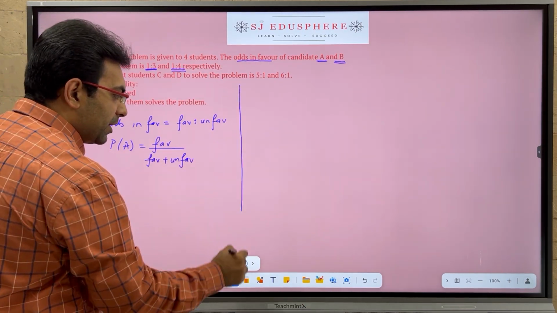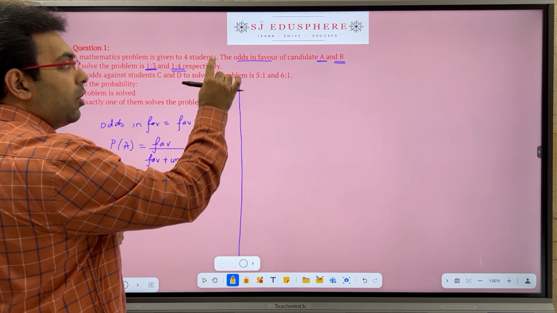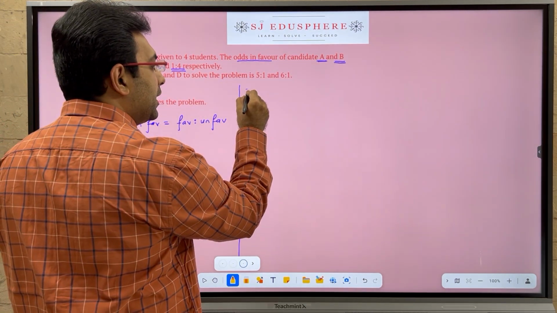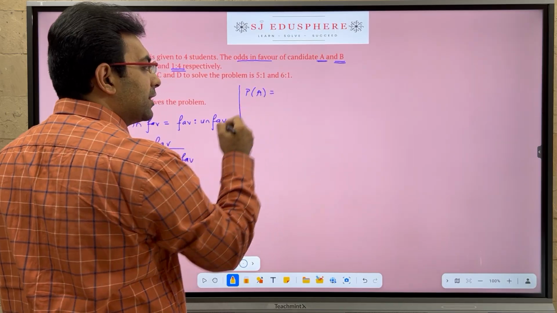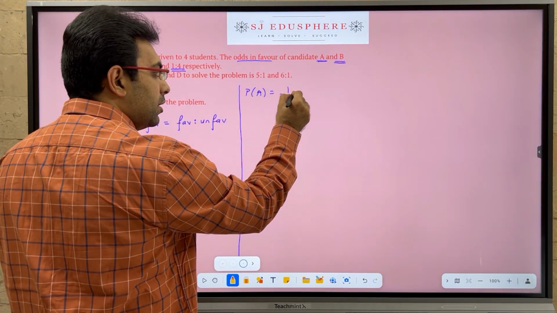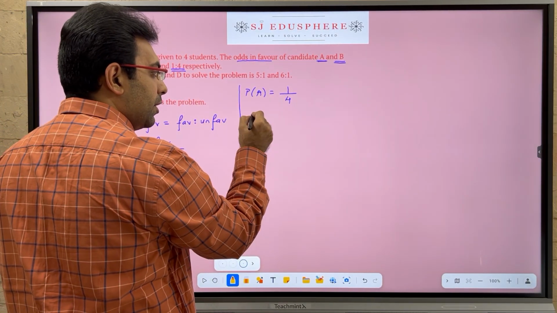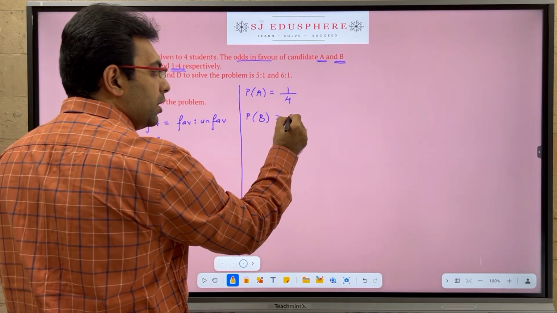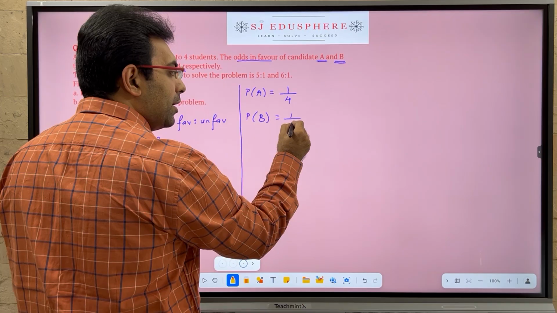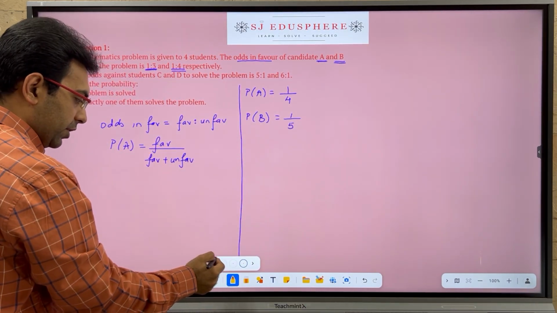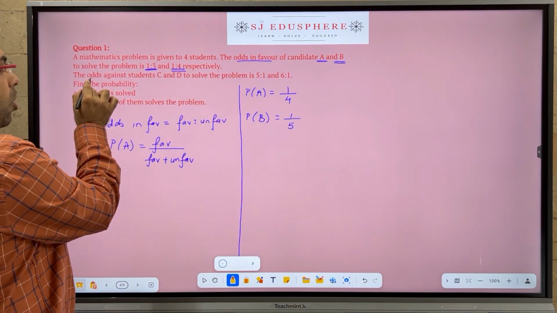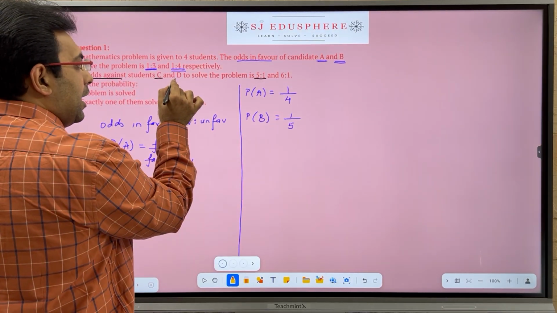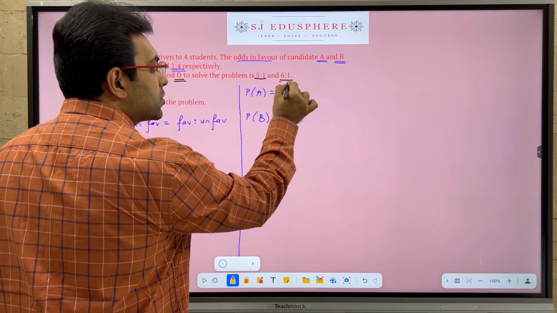So from the given sum, can I say odds in favor of A is 1:3? So probability of student A solving the sum is 1 upon 1 plus 3, and odds in favor of B is 1:4, means 1 upon 1 plus 4. Further, it says odds against C is 5:1 and for D is 6:1.